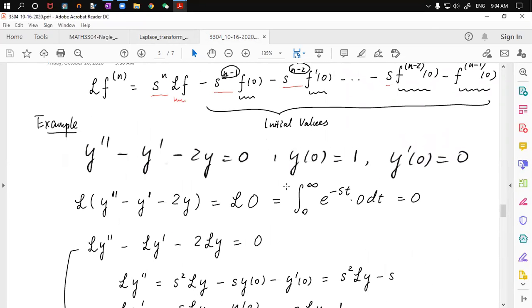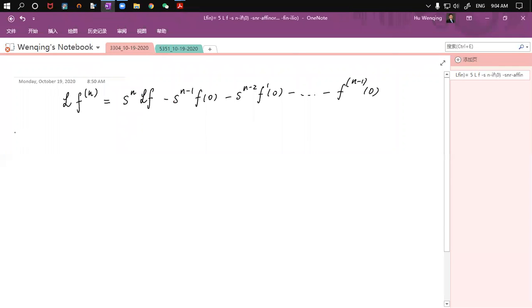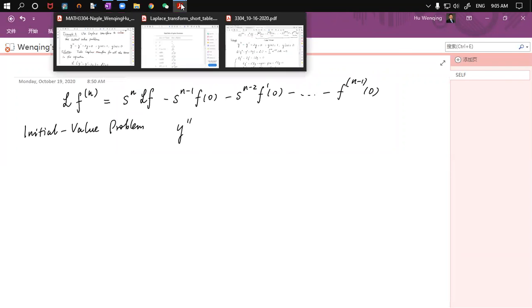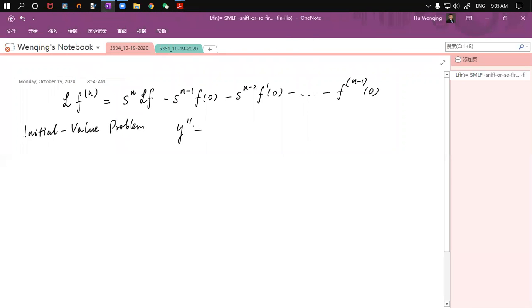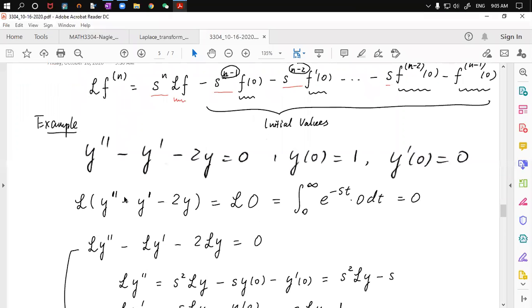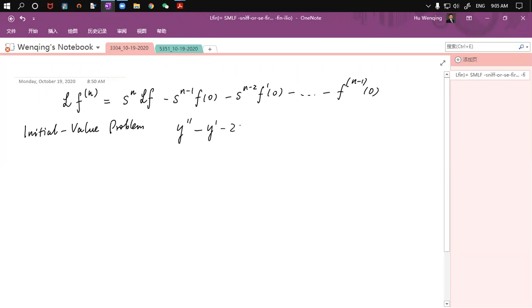From this differential equation, we had an initial value problem given by y double prime minus y prime minus 2y equals 0, such that y of 0 is equal to 1 and y prime of 0 is equal to 0.